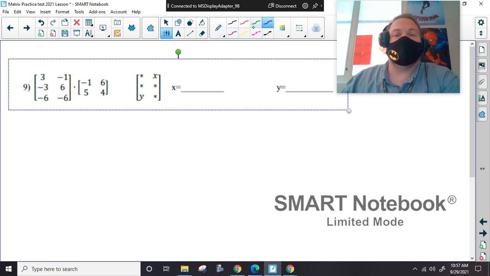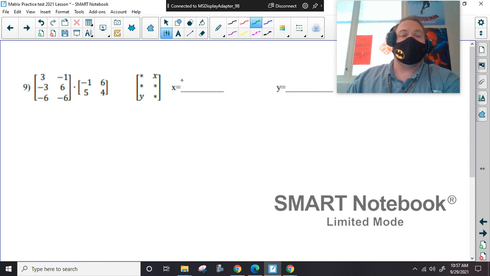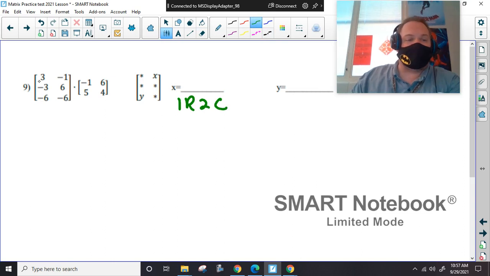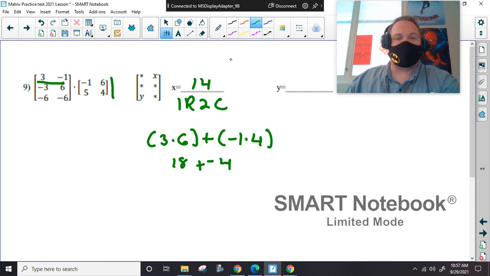So let's look at this one. The X for this one is in the first row, second column. So I take this first row and this second column. So this is going to be 3 times 6 plus -1 times 4. Well, this is 18 plus -4, and I get 14.